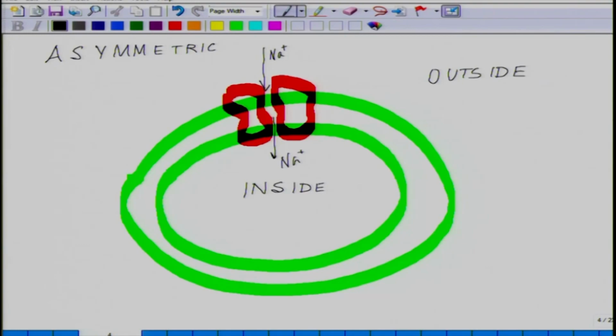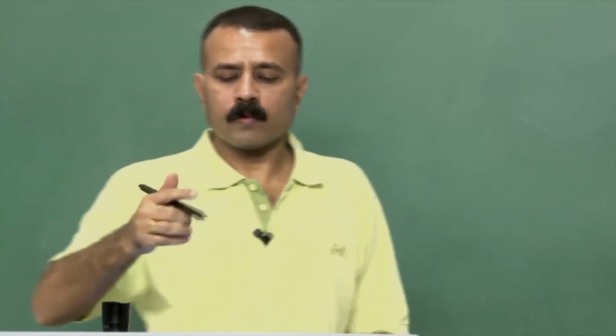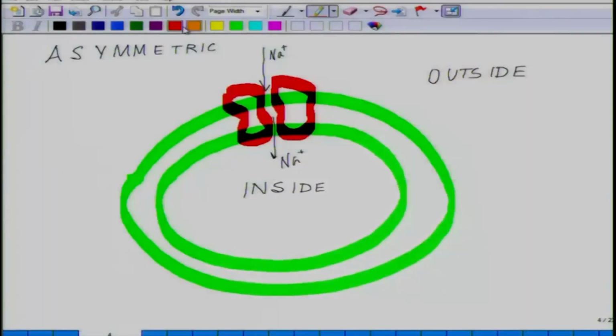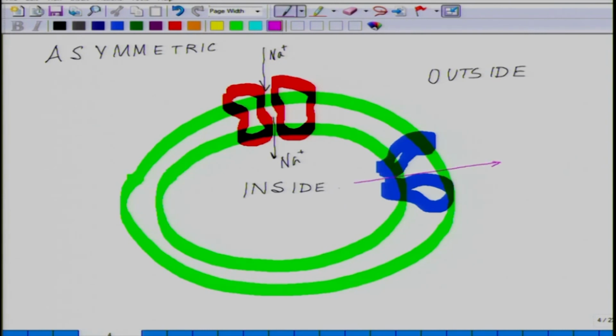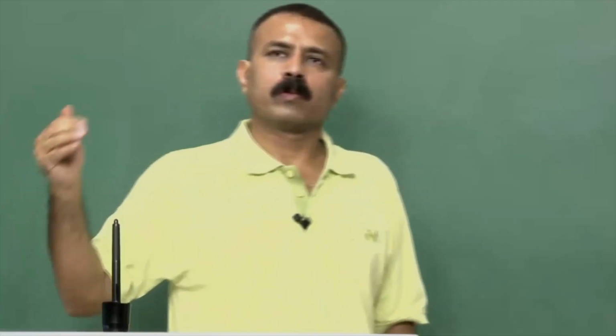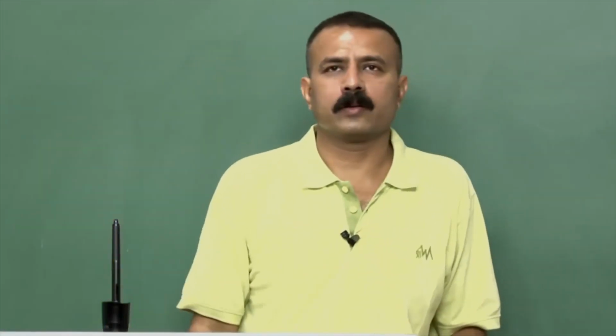In other words, it opens from outside to inside. Vice versa, if you look at the potassium channel, which is sitting something like this, the potassium channel only allows potassium to move out from the cell to outside. So, the potassium channel does not allow potassium to flow in through that channel.